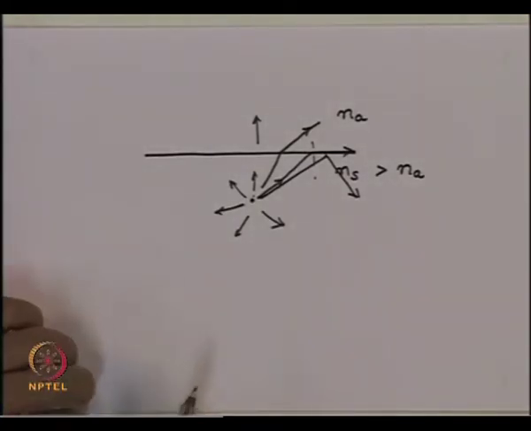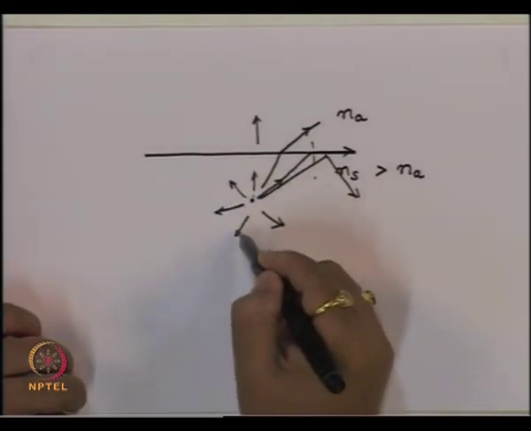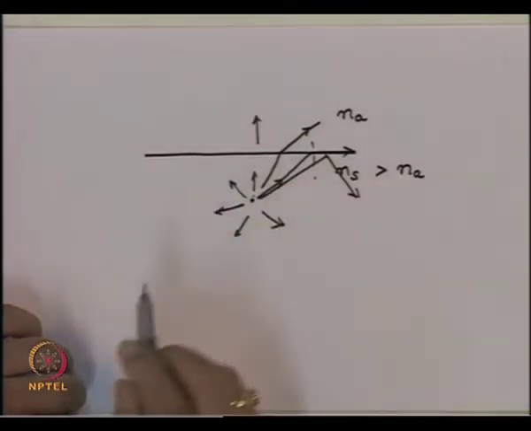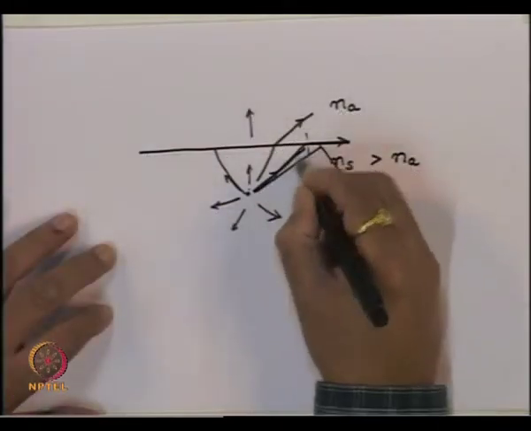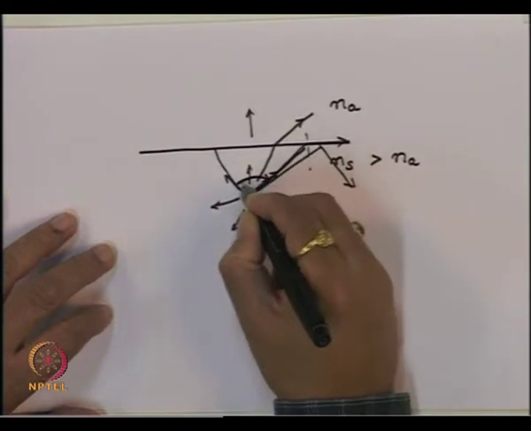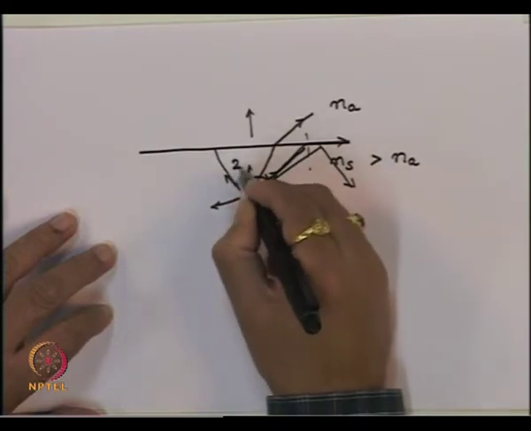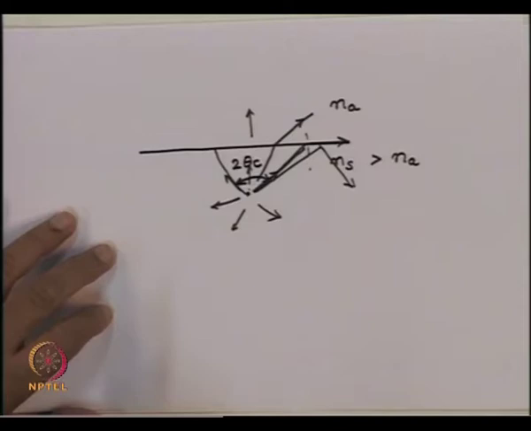So, what we are saying is, although the photon generation is isotropic, that means there is an equal probability of photon emitted in all directions at the point of generation, the photon which can escape out will correspond to a cone, this cone, which is 2 times the critical angle, 2 times theta c.